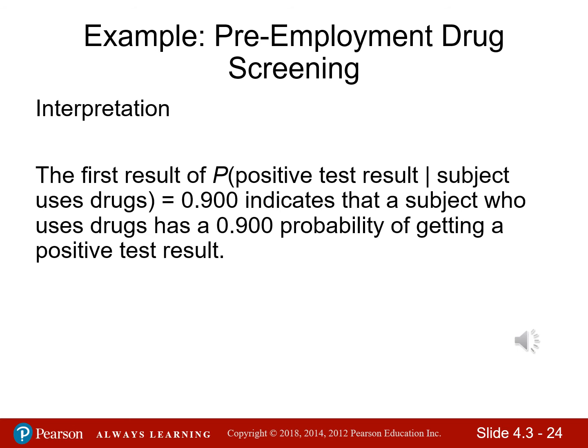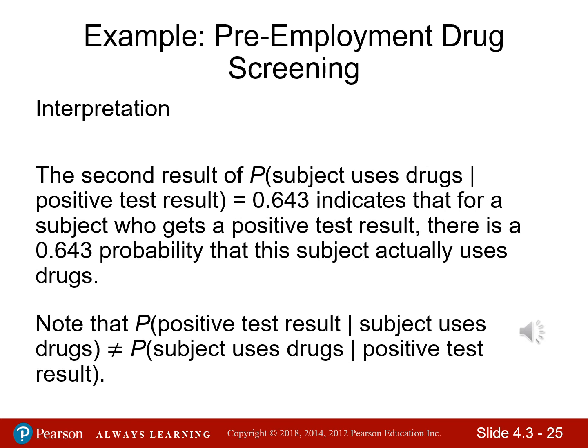We can interpret these results as follows. With the first result, or part A of our example, we can say that the probability of a positive test given the subject uses drugs is equal to 0.90, and this indicates that a subject who uses drugs has a 0.90 probability of getting a positive test result.